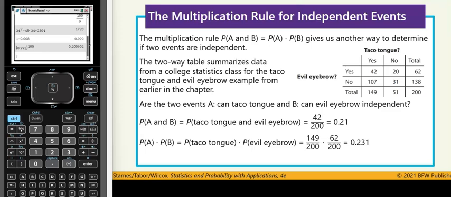But if you multiply the probability of taco tongue times the probability of evil eyebrow, you don't get the same value, right? They're different. Since the probability of A and B does not equal the probability of A times the probability of B, they are not independent events. It's another formula way we could prove if two events are independent or not.